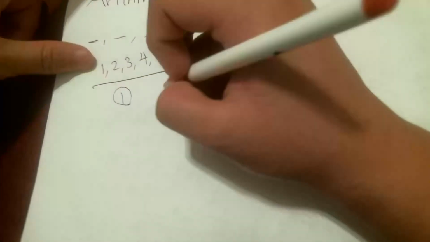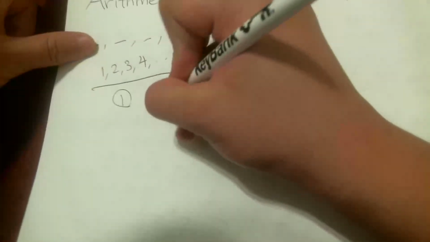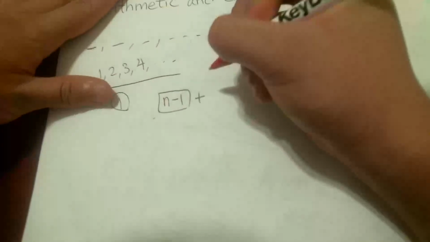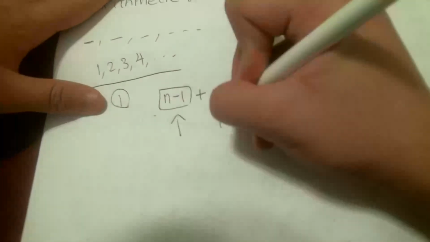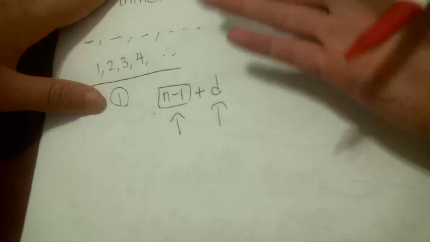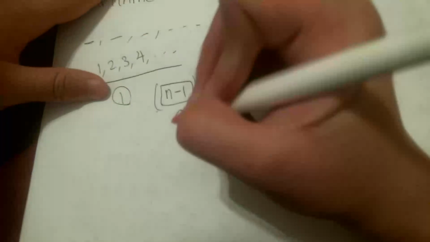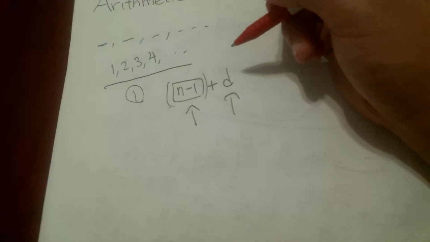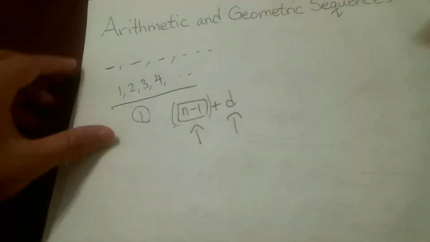It goes by this equation: it's just the previous term plus the common difference. Here, I'll put this as a D instead of a C. So this is just the formula for finding an arithmetic sequence term for the next one.